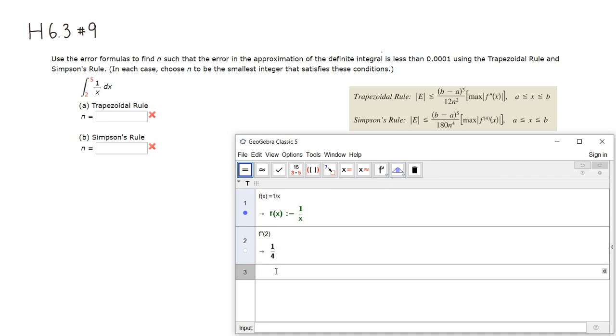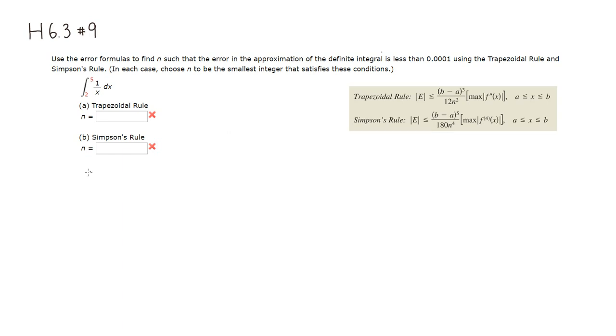Let's use that number to compute this. We have the error bound for the trapezoid rule, and this is less than or equal to, in this case, b is 5. So the b value is right here, 5 minus the a value, which is 2.